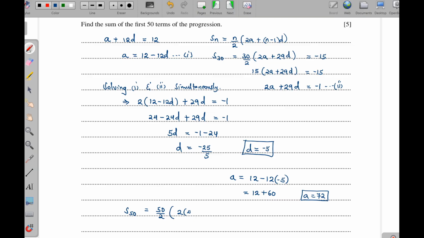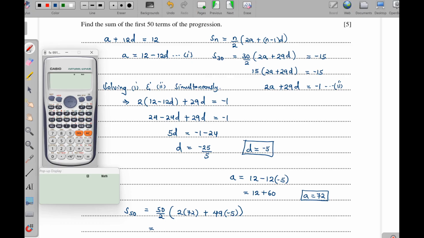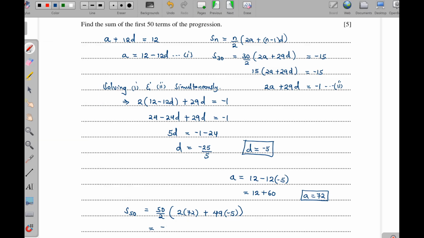Our a is 72, then plus 49, times d, which is minus 5, you see? And then after that, altogether, what do we get? 50 over 2, that will be 25. Then inside here, we have 2 times 72, that is 144, then plus, in fact, I can say minus 5 into 49. And then we get minus 2525.